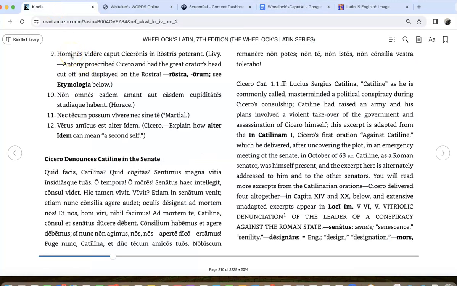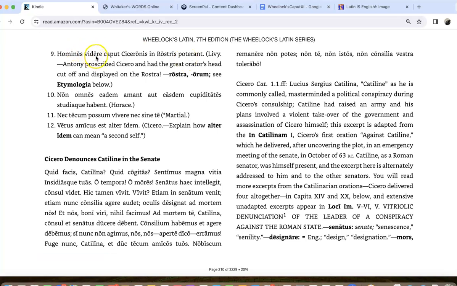So the people, homines, were able, poterant, to see, videre, the head, caput, of Cicero, Ciceronis, on the rostra.